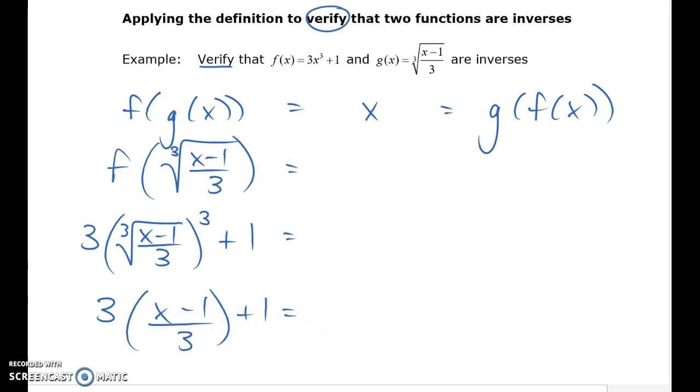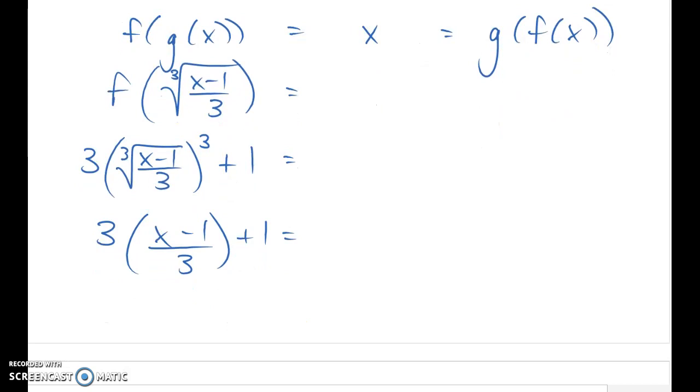Still plus 1. And we'll continue. As you can hopefully see, we can take 3 divided by 3. So what we're left with is x minus 1 plus 1, which then leaves us, as those two cancel, simply with x. I like to put a little check mark here, identifying with the fact that we are done with that half of the problem.